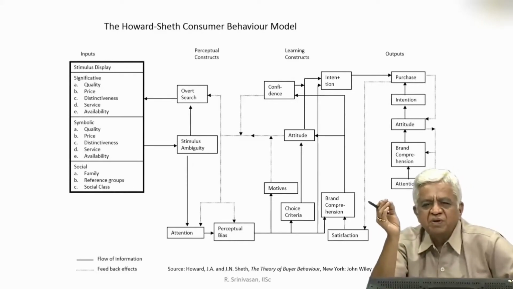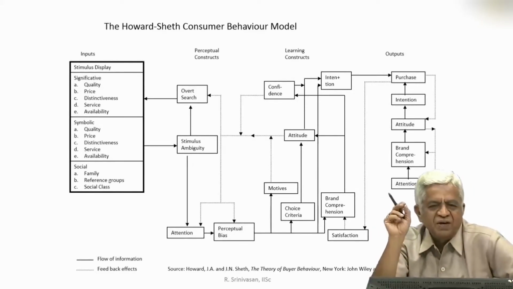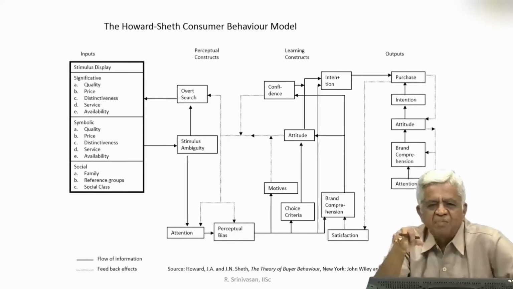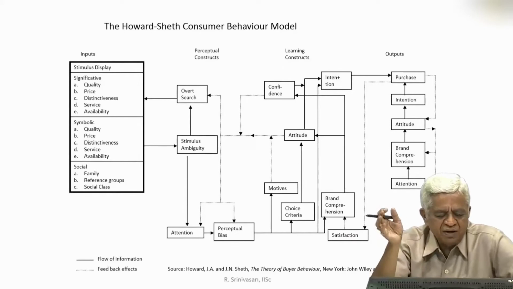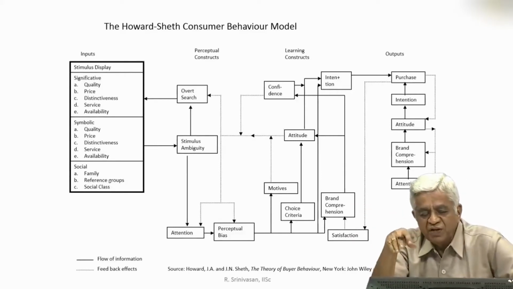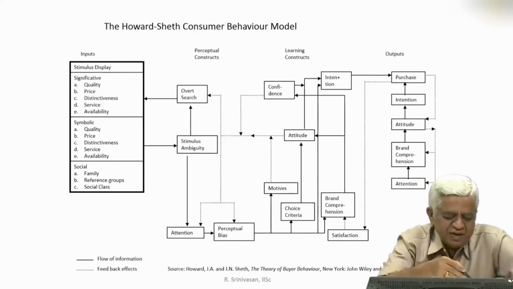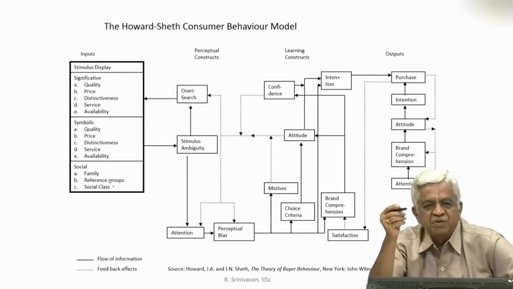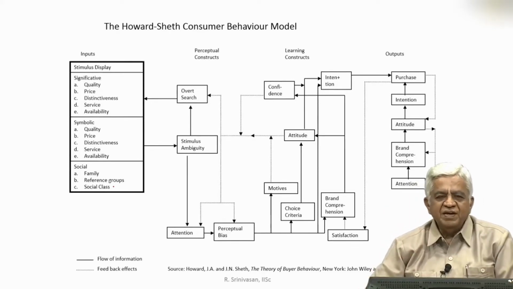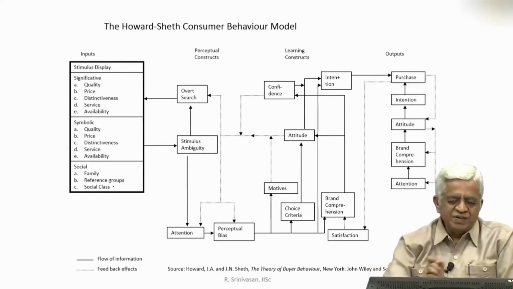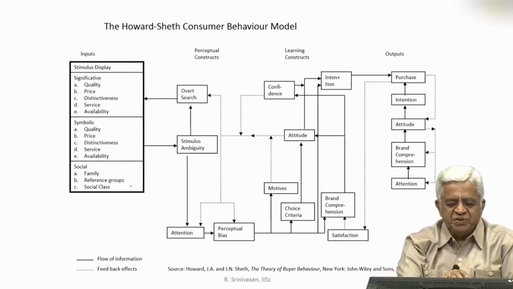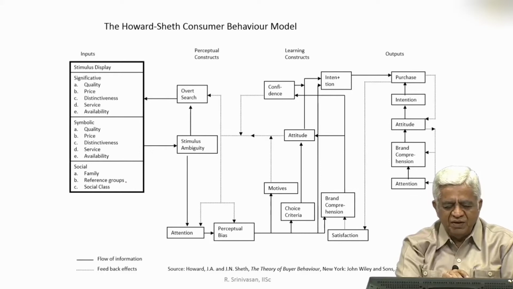Suppose he wants to buy a car and he is always in the company of people who are owners of a particular brand of car. They form the reference group for him. He may also like to have the same type of car, and this depends on the type of social class he's in. So these are the different social inputs which are likely to come into play, that is your family, your reference groups, and the social class.